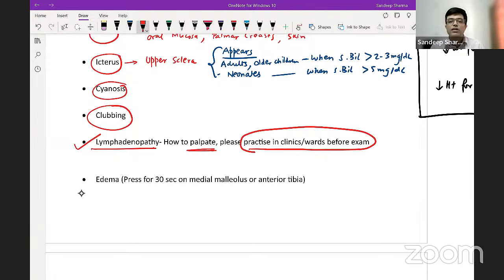But when you are checking for posterior axillary, you are coming from the back, and arm position should be like this. The arm position and how you check, very important. Please practice. Tonight, go to the ward, catch hold of your senior postgraduate resident, and ask him, tell me please how to do lymphadenopathy.